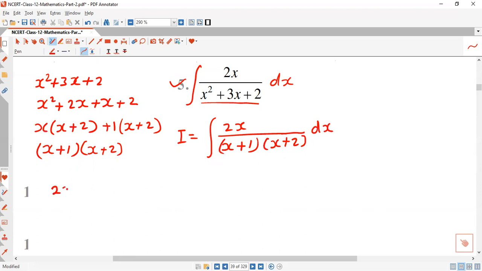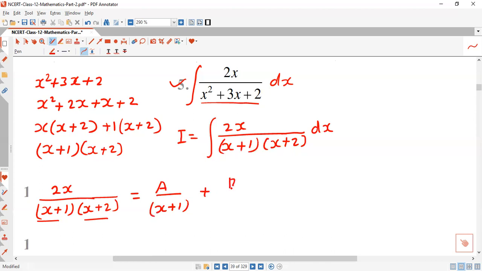We say 2x upon x plus 1, x plus 2. Whenever we have factors in the denominator, we can use partial fractions. We see two linear factors, so A upon x plus 1 plus B upon x plus 2.